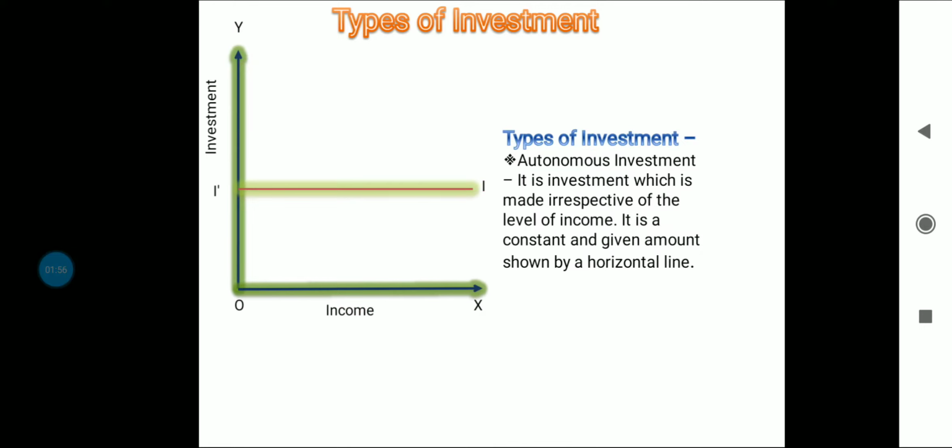When we talk about the types of investment, it is of two types: autonomous investment and induced investment. In our theoretical model, we will talk about autonomous investment only, because we are assuming that I bar is a positive constant.